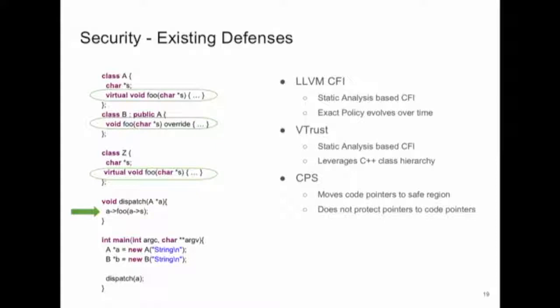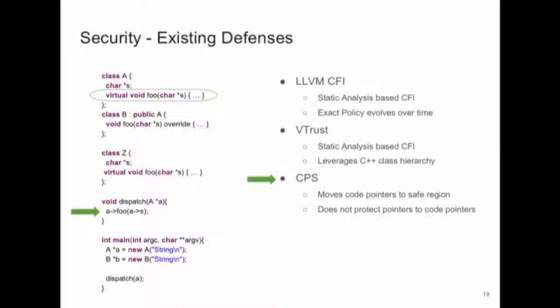So because this is an A object that's being used, it's able to limit it to just the 2 functions in that class hierarchy. vTrust is a less general policy. It's only focused on C++, whereas LLVM CFI also protects C-style function pointers. And it also leverages a class hierarchy analysis and achieves basically the same precision.